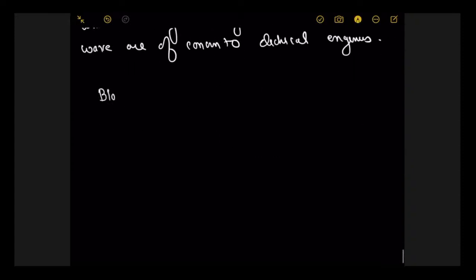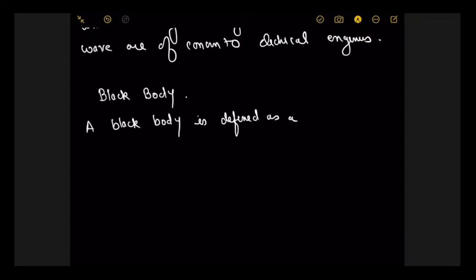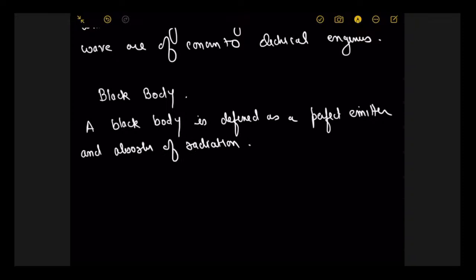Next is black body. A black body is defined as a perfect emitter and absorber of radiation at a specified temperature and wavelength.